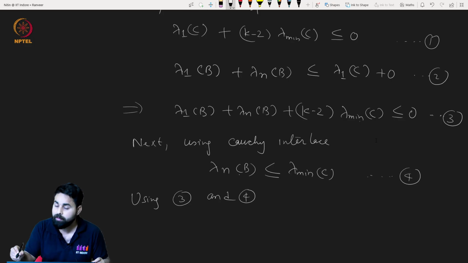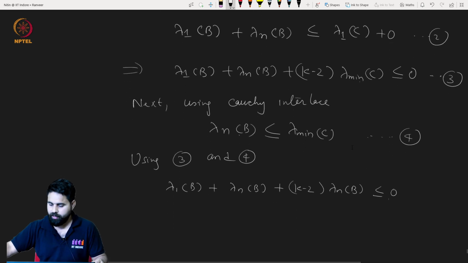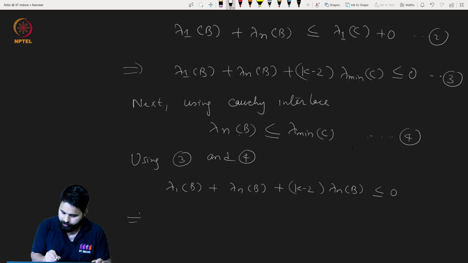So basically this quantity will be lesser, right? So now lambda 1 of B plus lambda n of B, plus k minus 2 times this lambda n of B, is still less or equal to 0. Okay, very good. So now we have proven it.